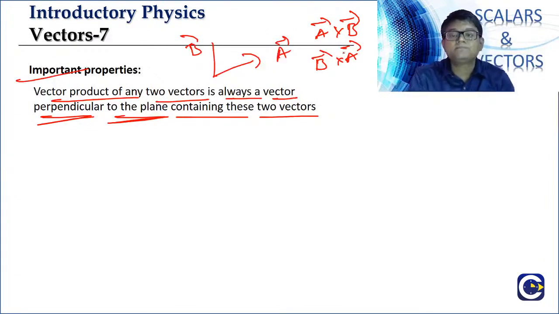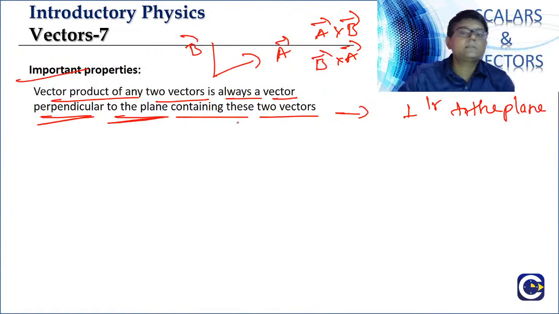Down the plane. But they are actually perpendicular to the plane which contains the A bar and B bar. This is one property. Okay.